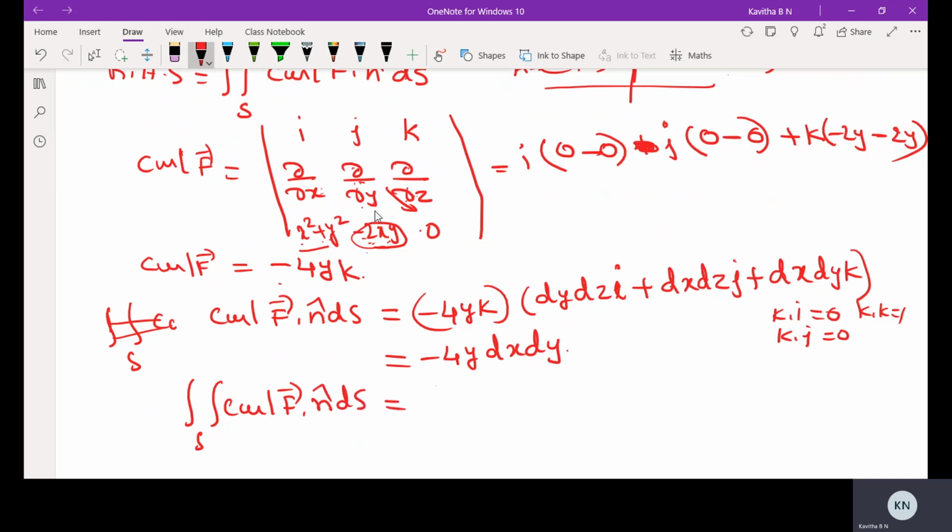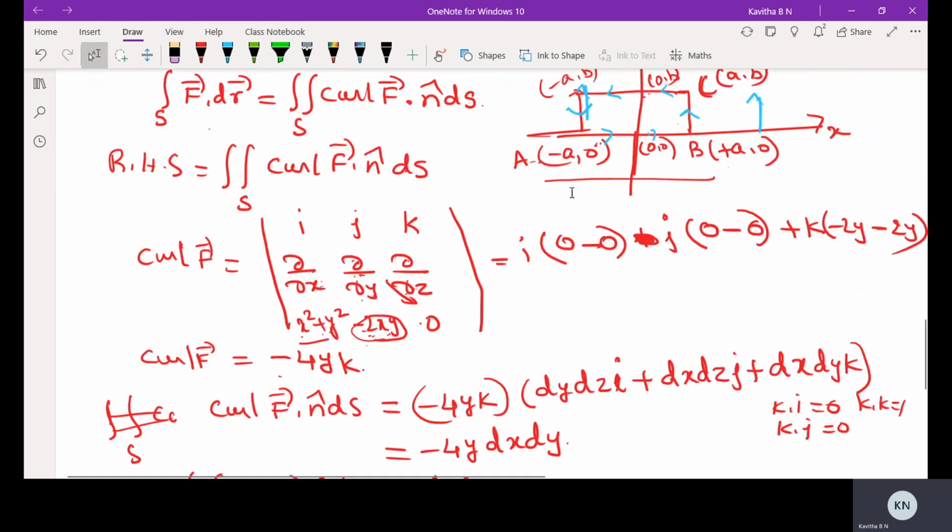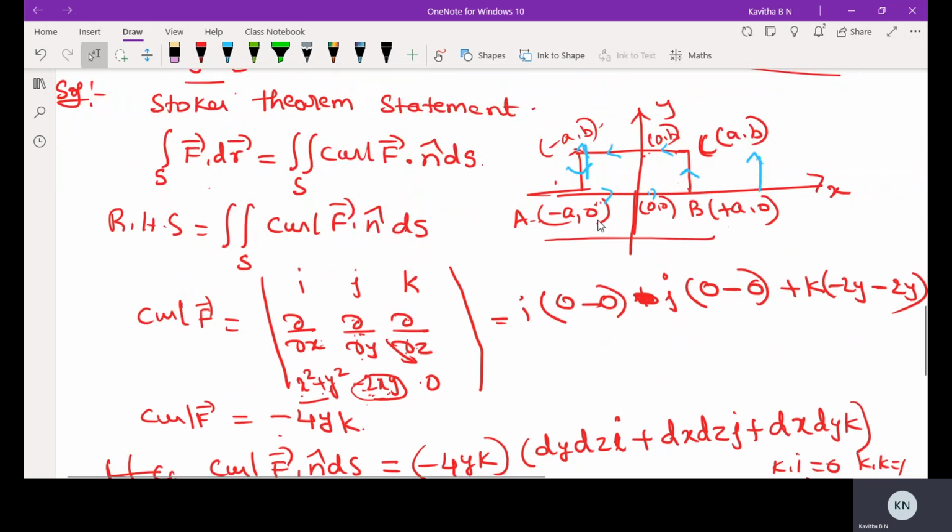Then the integral over S of curl F dot n cap ds is equal to the integral, where, observe, in this problem x varies from minus a to plus a, and y varies from 0 to b.